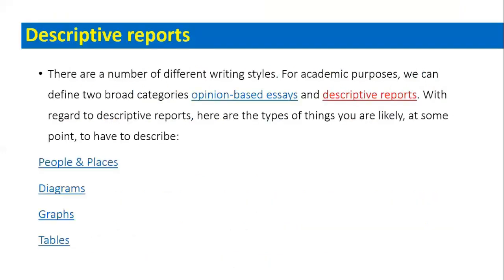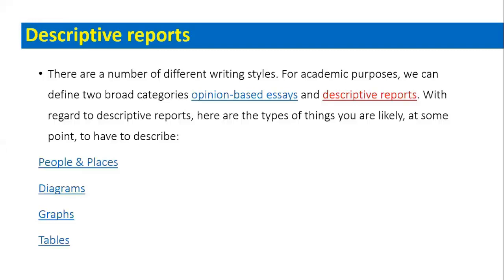And now, we will speak about descriptive reports. There are a number of different writing styles for academic purposes. We can define 2 broad categories: opinion-based essays and descriptive reports.